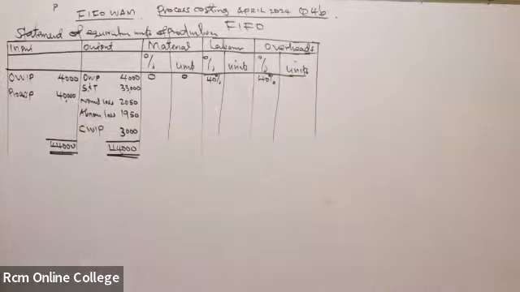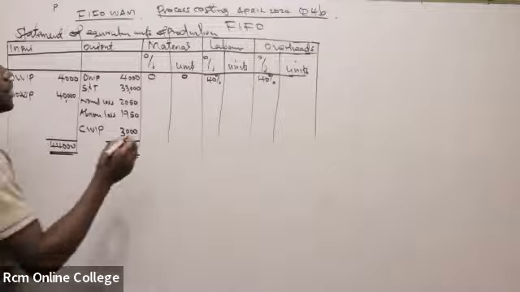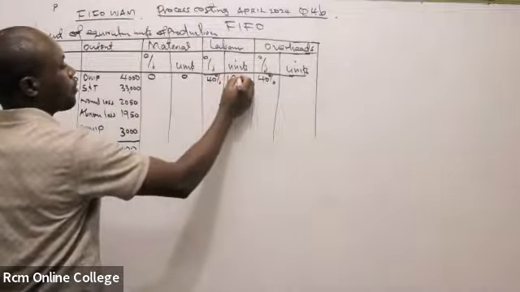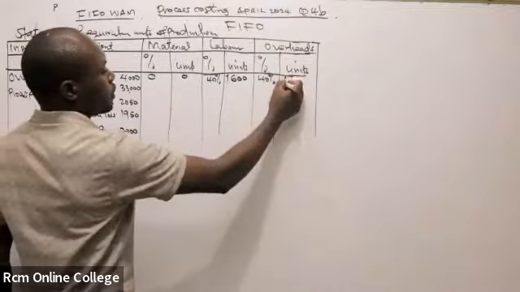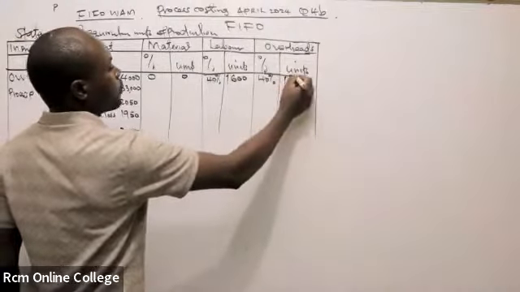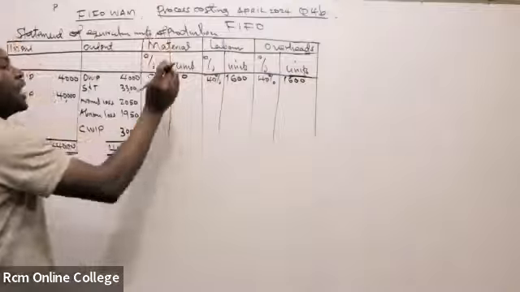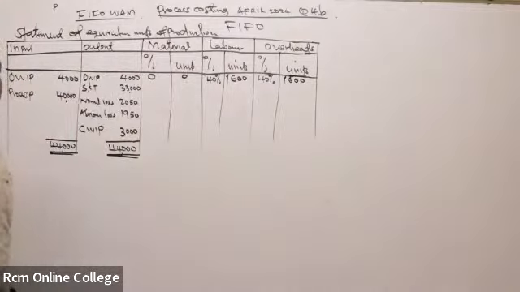It is 1,600. The same 1,600 for overheads, 40% of 4,000 units. That is the origin of the title of what we are preparing.